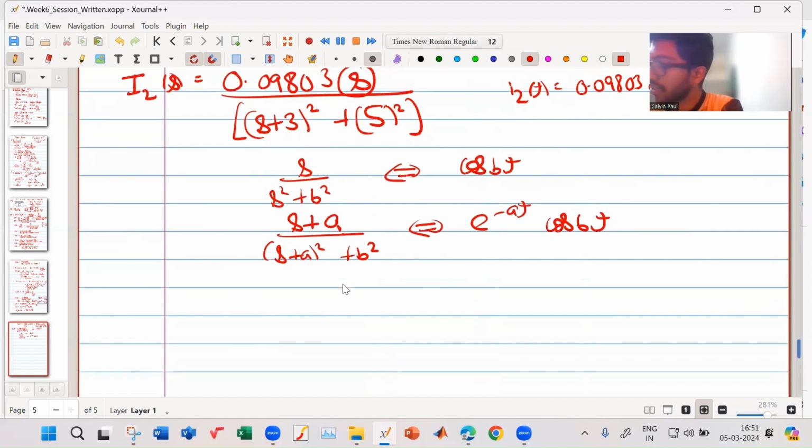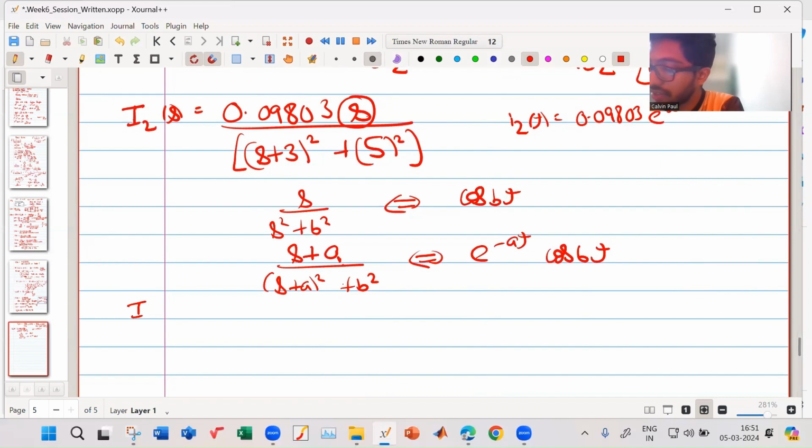So we have to write I2 of S should be equal to 0.09803 into S. I have to add plus 3 and also subtract 3 at the same time. I want to retain the same value, but I also want it in terms of S plus 3.